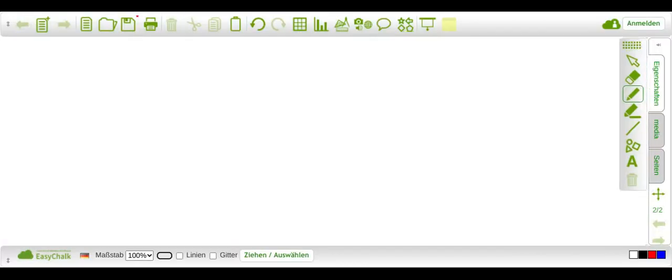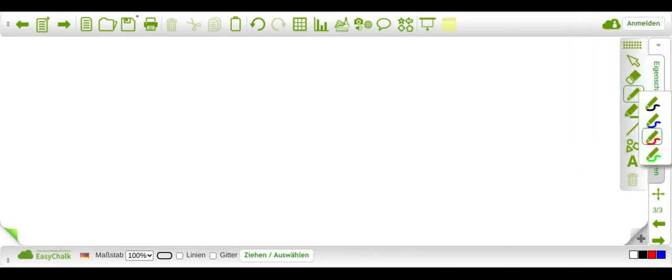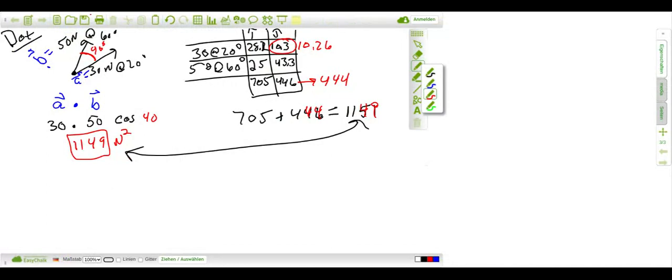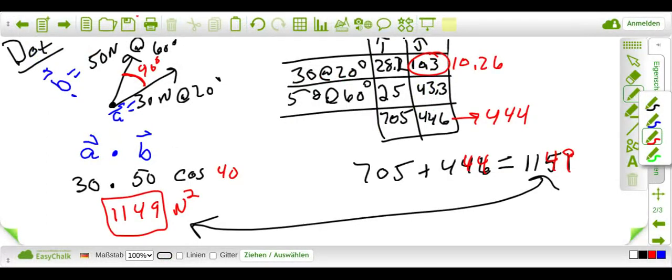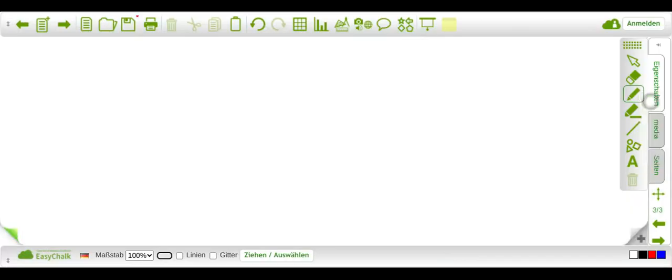And when we take a look at the cross product, we're going to use the same exact vectors. I just want to make sure that I have them correct. 50 at 60 and 30 at 20. So 50 at 60 degrees and 30 at 20 degrees.